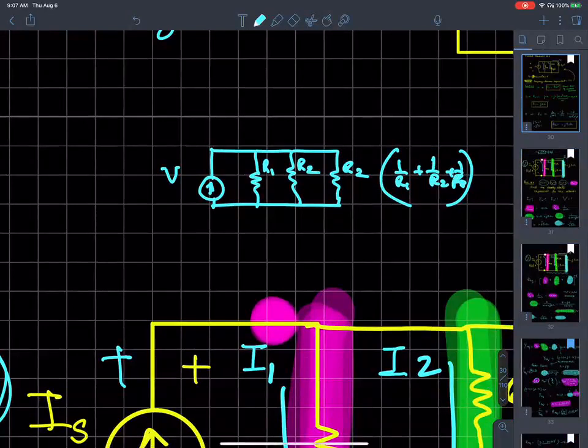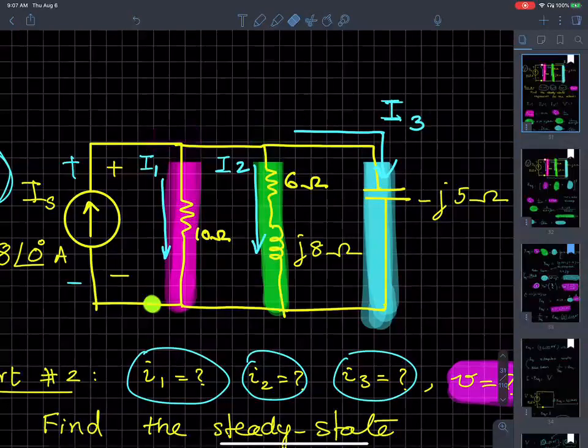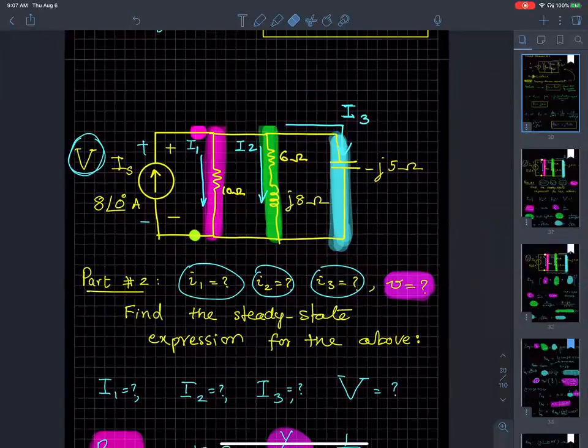Then you multiply that resistance with the current, so you get a value for V. That's exactly what I have done here. I looked at these 3 branches in parallel, found the equivalent resistance, and multiplied it with the current to get a value for V.